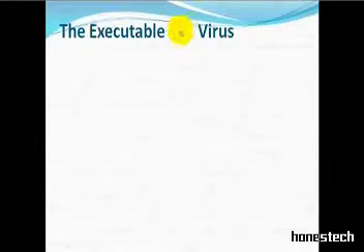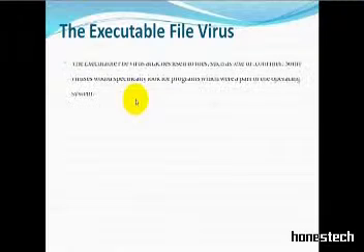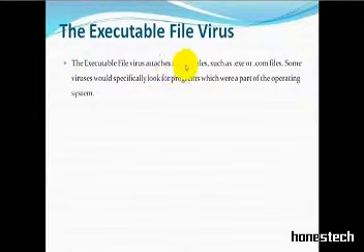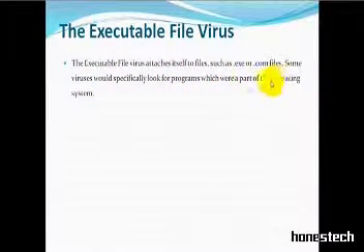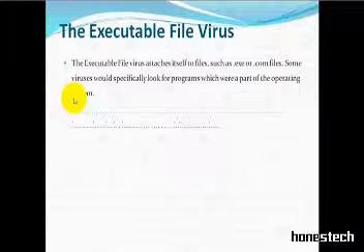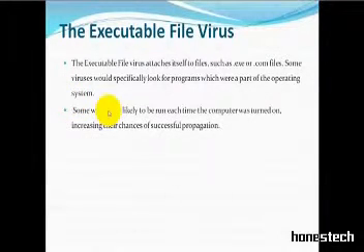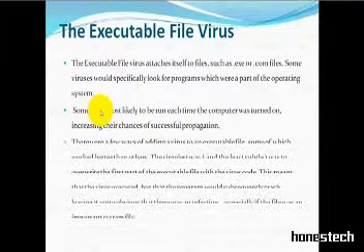The second category: executable file viruses. These viruses attach themselves to files such as .exe or .com files. Some viruses would specifically look for programs which are part of the operating system. There are a few ways of adding a virus to an executable file, some of which work better than others.